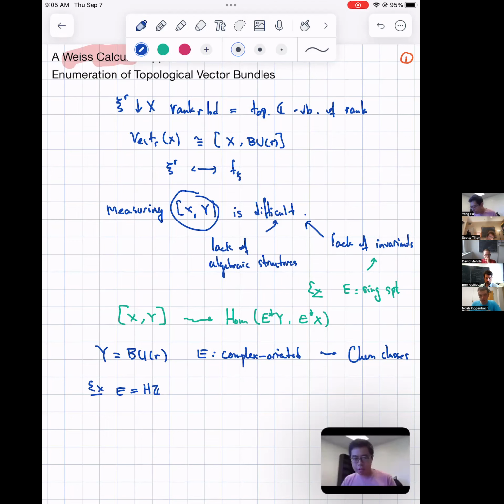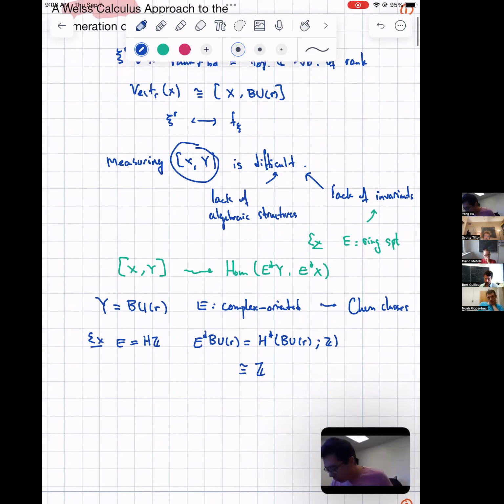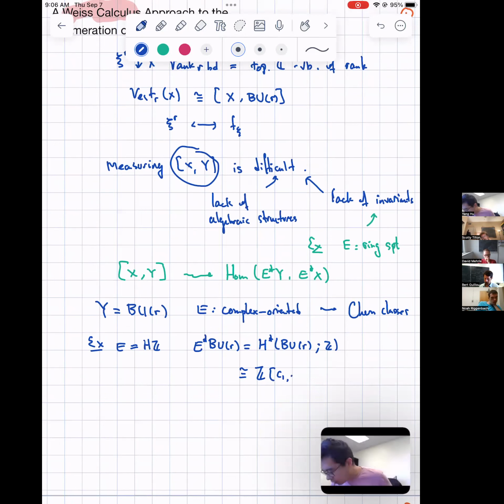Its formal group law is just additive. Now the E cohomology of BU(R) is just the ordinary cohomology of the classifying space with integer coefficients, and this is isomorphic to the polynomial ring over Z on R independent generators, where the ith generator c_i is of degree 2i.